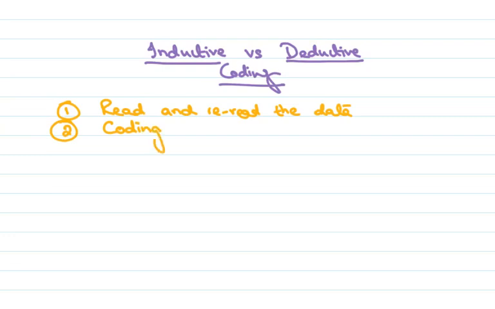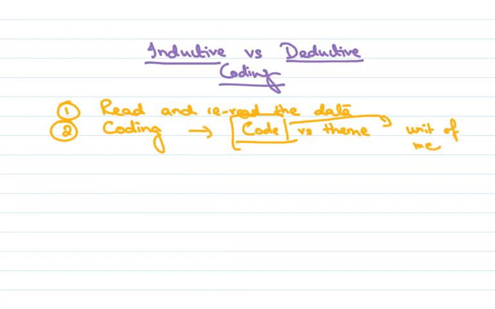Now, what exactly is coding, and how is coding different from a theme? So basically a code captures a unit of meaning, a basic unit of meaning. Whereas when we considered what a theme is, we saw again and again that a theme is rather a pattern of meaning.